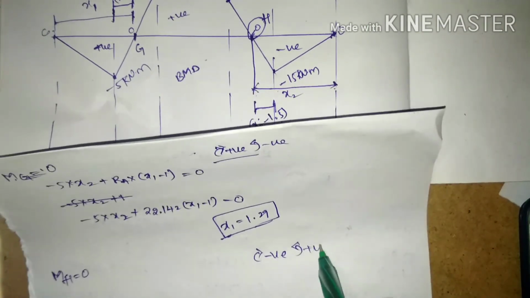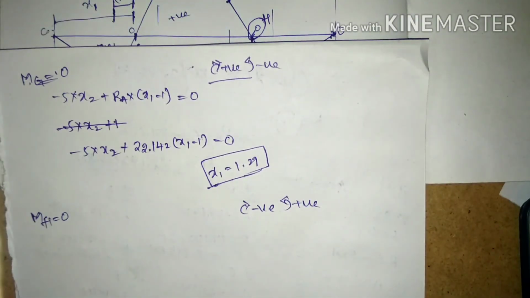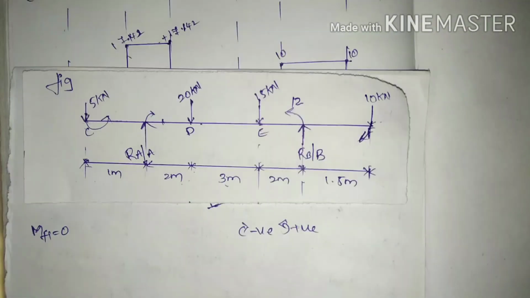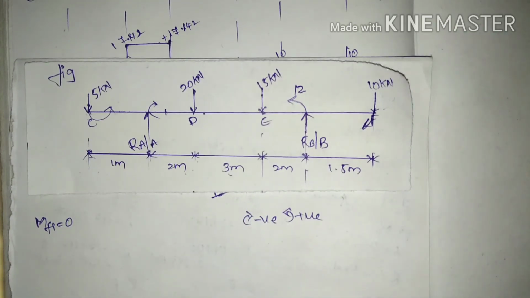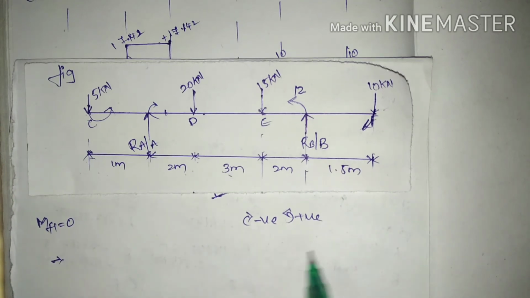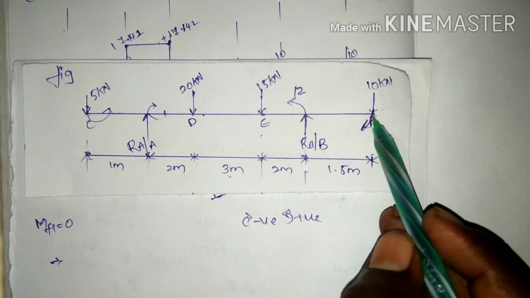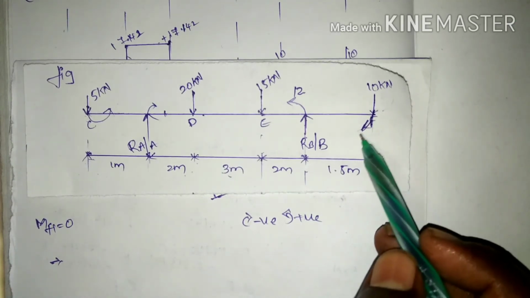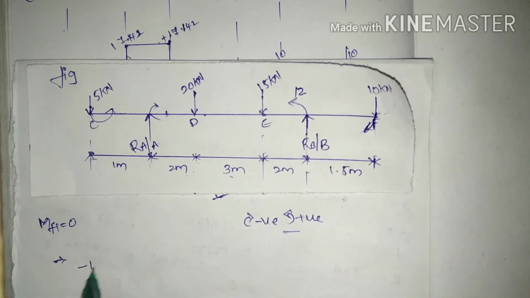Here we find the moment about H, in between E and B. Taking the moments in between E and B, from F this is a clockwise moment, so minus 10 into the distance x2.